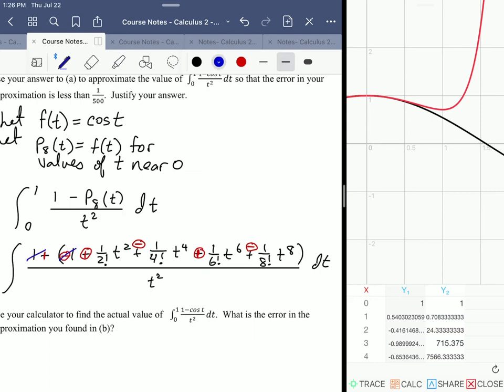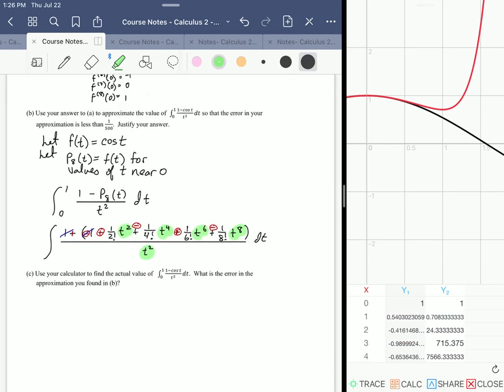All right, 1 minus 1 goes to 0, so that's gone. Every term is a multiple of t squared, so I could use that to trim things down a little bit.